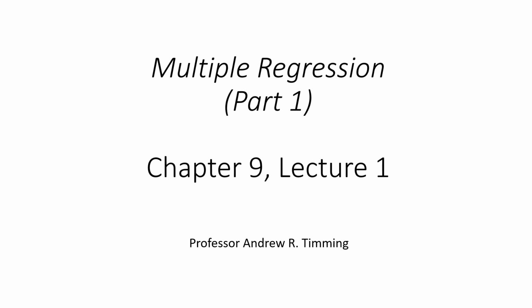We're going to start with multiple regression in Chapter 9. And once we're done with multiple regression, in Chapter 10, we'll look at logistic regression. Chapter 11, we will look at factor analysis, and Chapter 12, we'll look at structural equation modeling. So let's start with multiple regression, probably the most commonly used method in all of statistics.